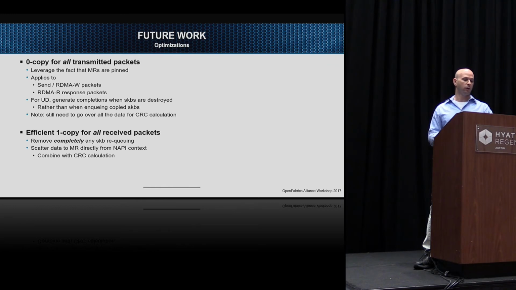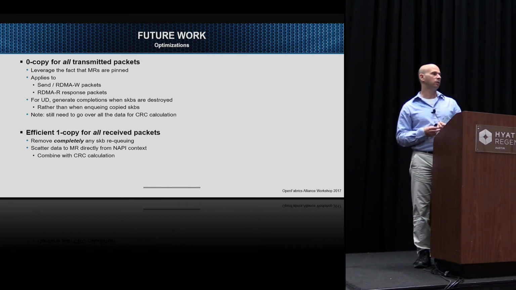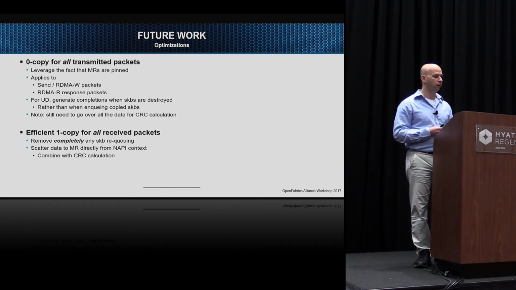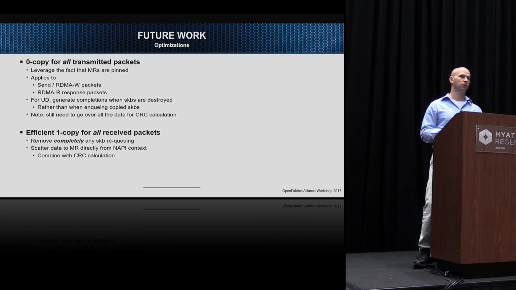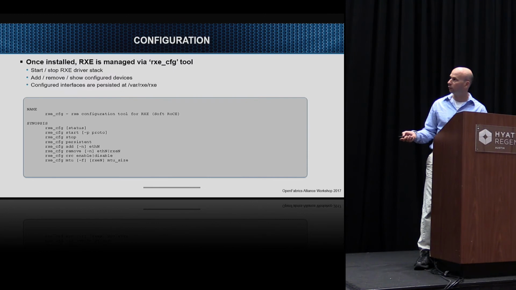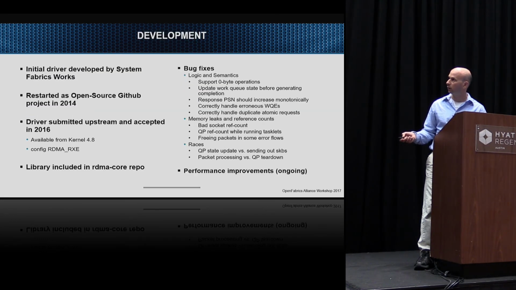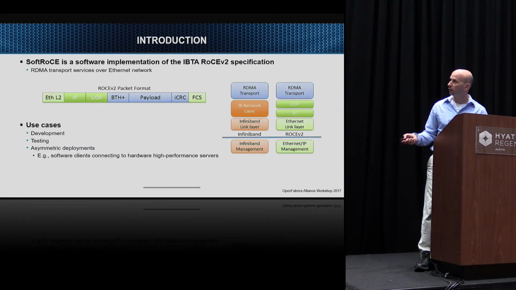One note though: although we can do zero copy sends, we still need to go over all the data for CRC calculation. If you recall the frame format that we started with, we have this CRC field here, which is part of the InfiniBand transport standard.